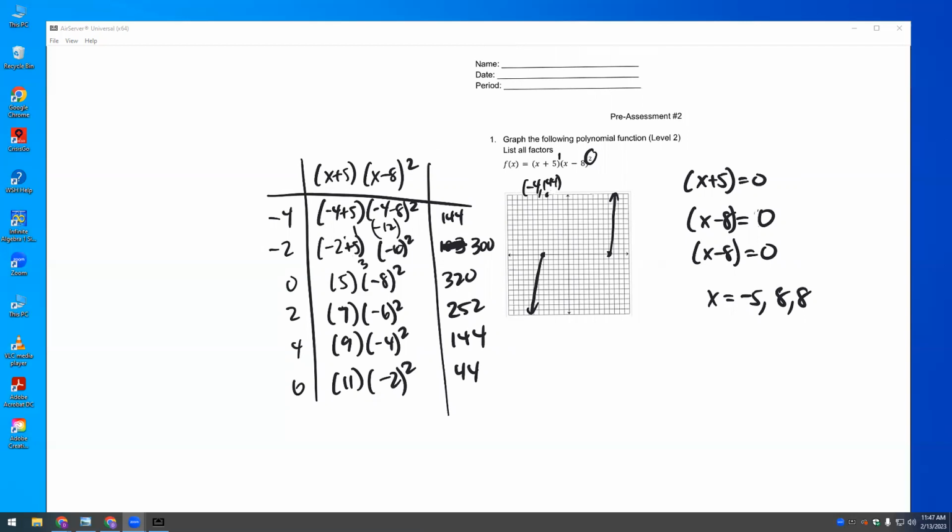Then -2 and 300 will probably be up here. -2, 300, 0, 320, something like that. It's just going to keep going up, and then it's going to shoot straight down, and then it's going to go back up again. So it's going to look something like that.